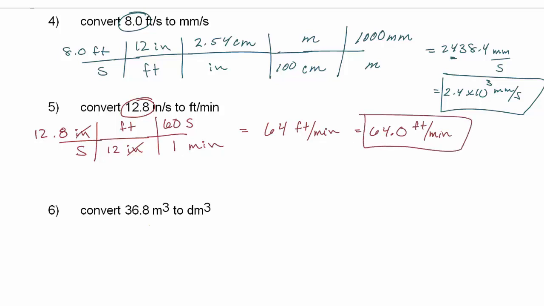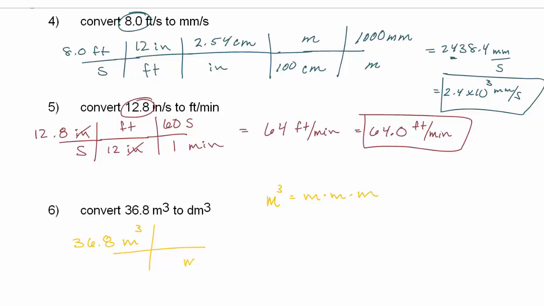Convert 36.8 cubic meters to cubic decimeters. Okay, let's see how to do this. 36.8 cubic meters. And realize a cubic meter is just a meter times a meter times a meter. And to go from meters to decimeters, we know how to do that. Just do it 3 times.